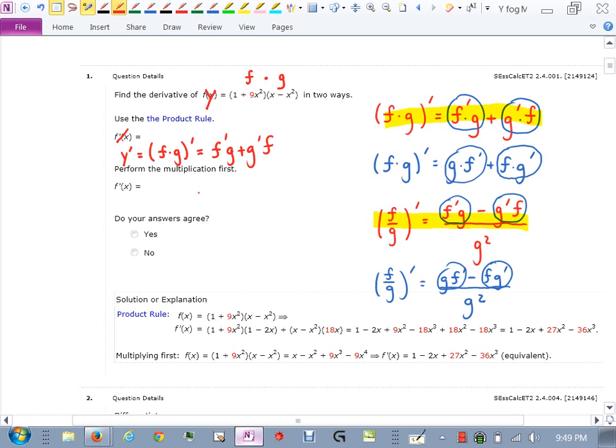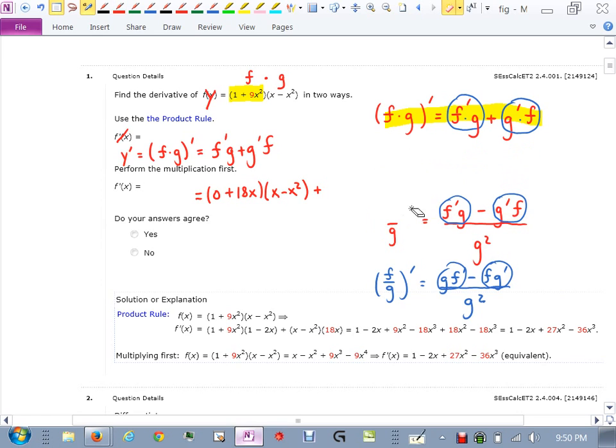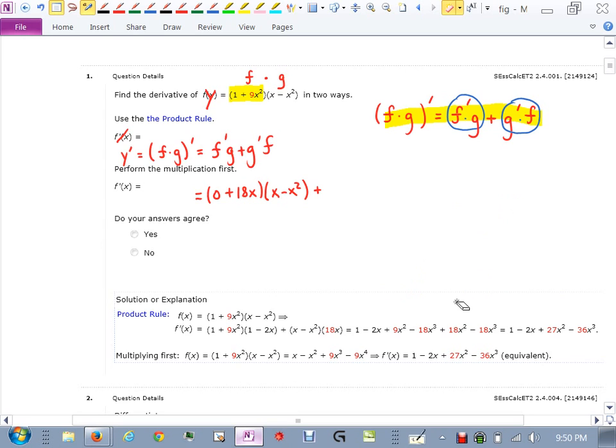Now, f prime is the derivative of f, which is here. And that I can do term by term. So the derivative of 1 is 0. The derivative of 9x squared is 18x. Now that's f prime. Now I need g. G, I don't do anything to it. And then I have plus, now I need g prime, right?